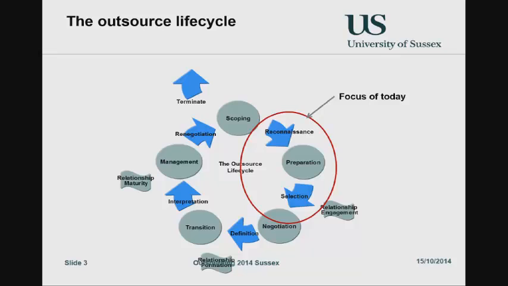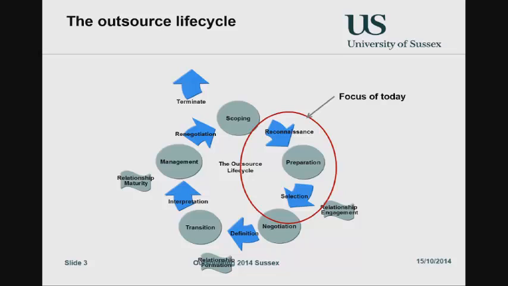So where are we in the outsourcing life cycle? We're looking at reconnaissance, checking out what's out there. We've made a broad decision, based on last time's discussion, that there is a service within our organization that we could in principle outsource, and there's a business justification for that. If you remember, one of the things that we must do as managers in our everyday work, particularly when we're considering a business option like outsourcing, is to ground that decision in an appropriate business case.